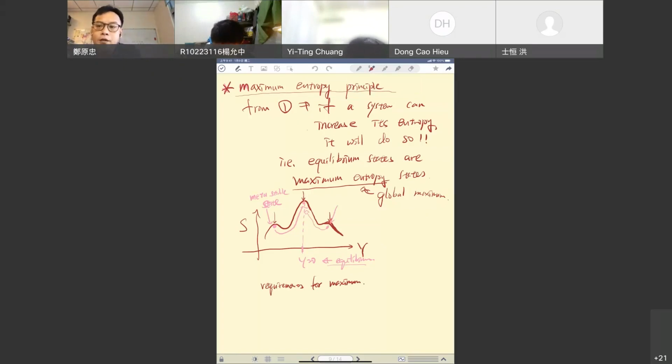In this part, Chandler introduced the concept of internal constraint to give a very detailed discussion on how a system falls from a non-equilibrium or metastable state back to its equilibrium state. From there, he derived the maximum entropy principle as well as the minimum energy principle. But I'm not going to go into those details. We don't have enough time this semester, so interested students can look it up by yourself.